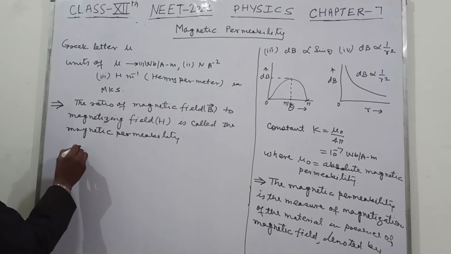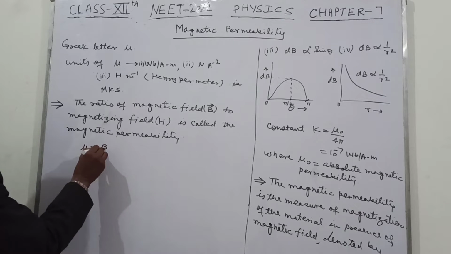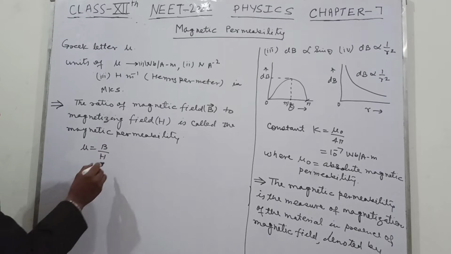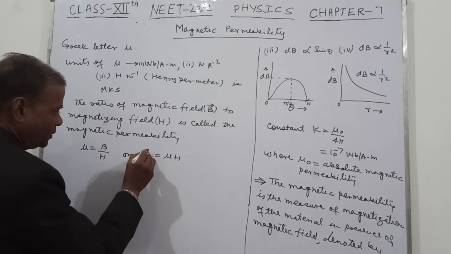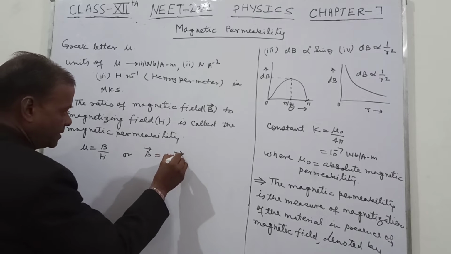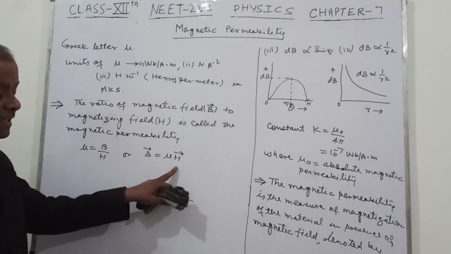So now what we have? This mu is equal to B upon H, or B equal to mu H. So if we write down in terms of vector, then we can write it like this one.